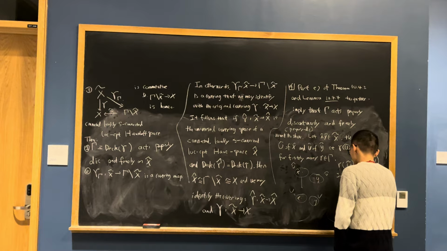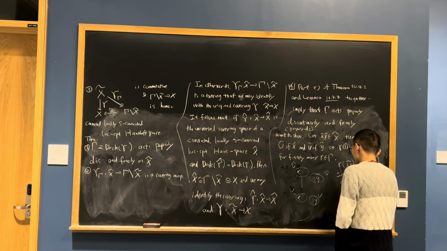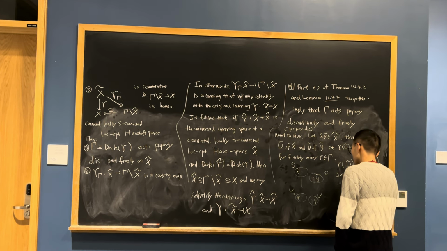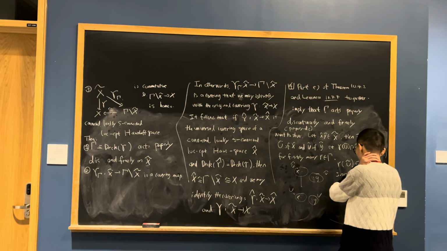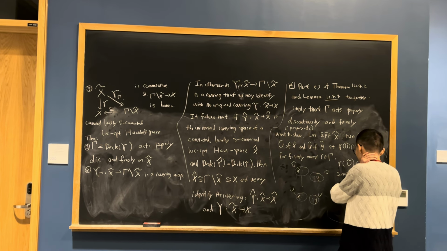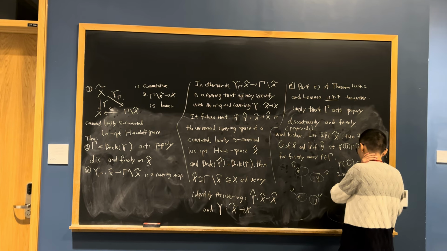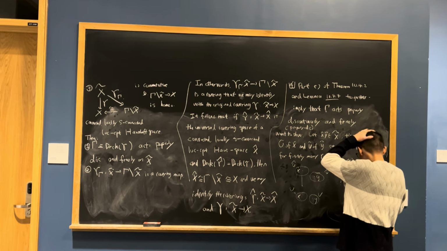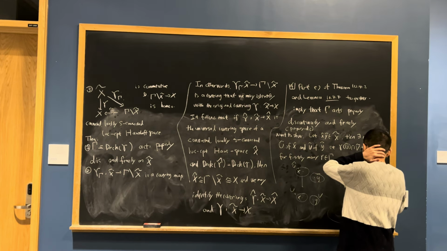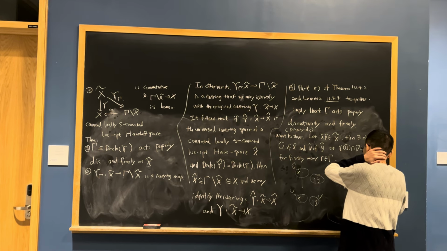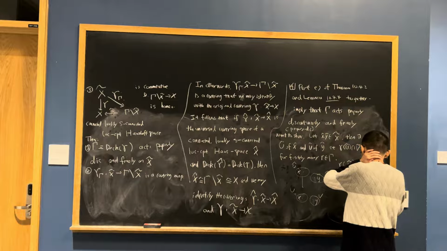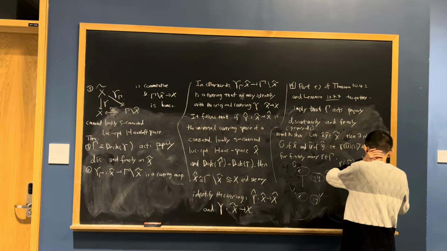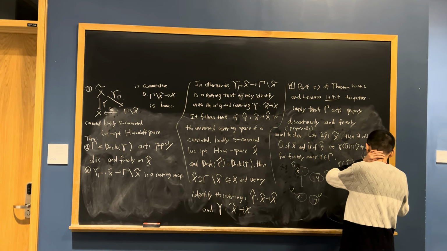therefore I want to say that gamma inverse of U intersect with gamma inverse of B must be the empty set, right?